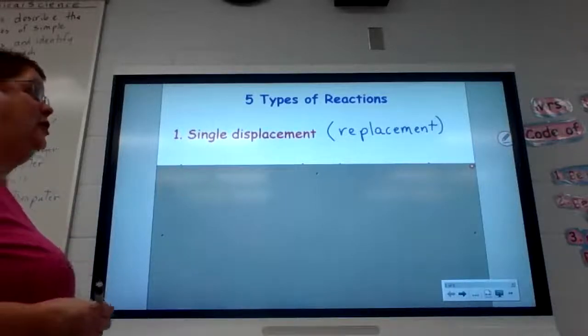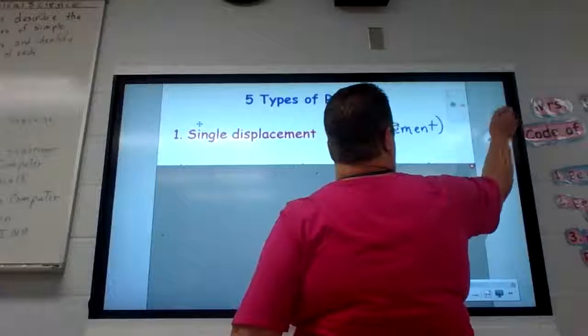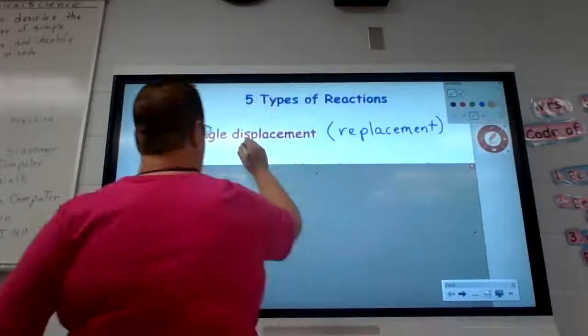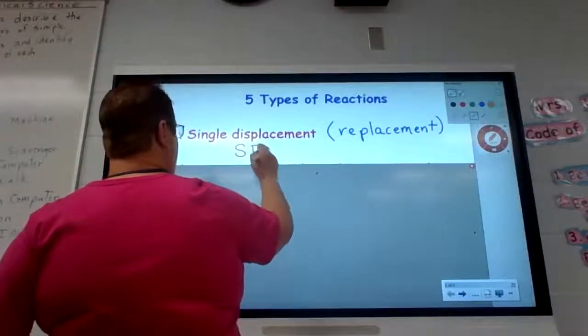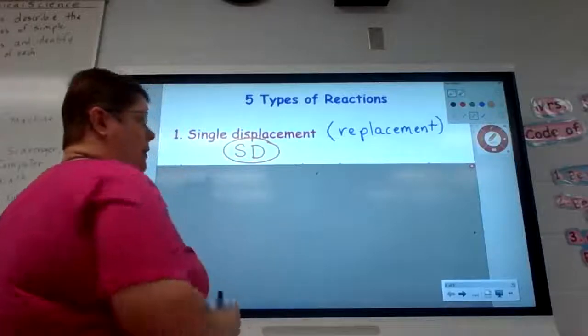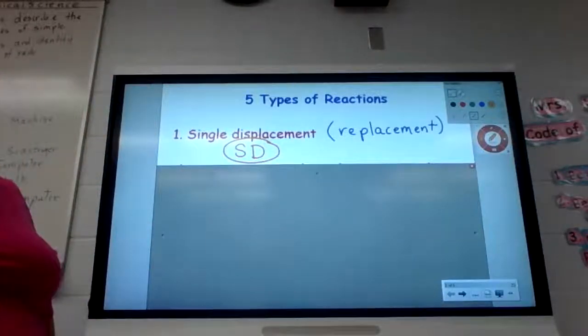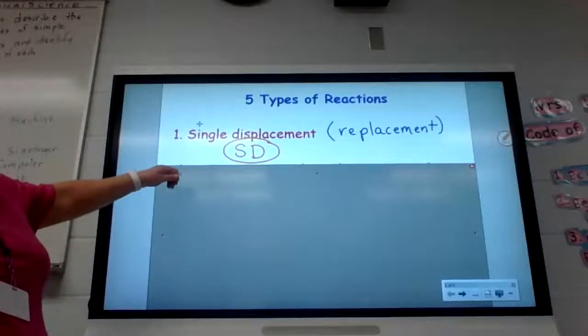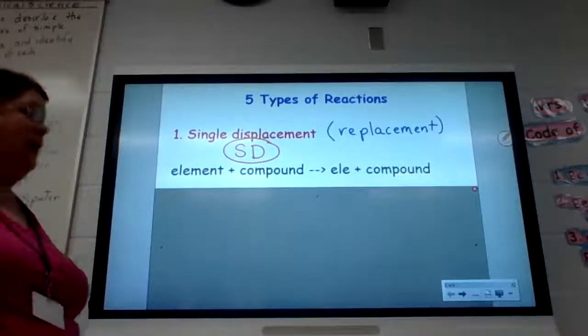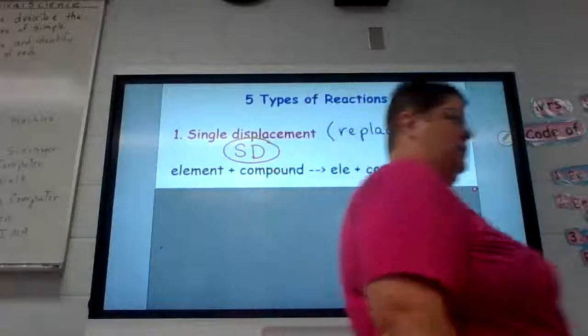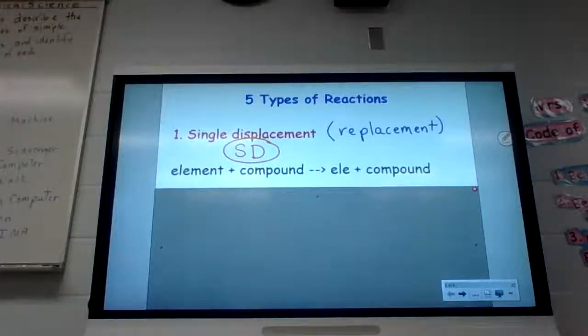If you would like to abbreviate, you may abbreviate it as SD. Not S, because there's another type called synthesis, and we will abbreviate it S. Now, it will be an element plus a compound, and you will get an element plus a compound.